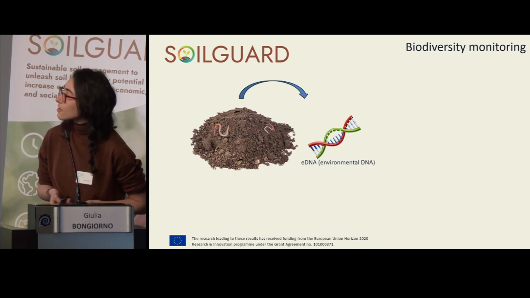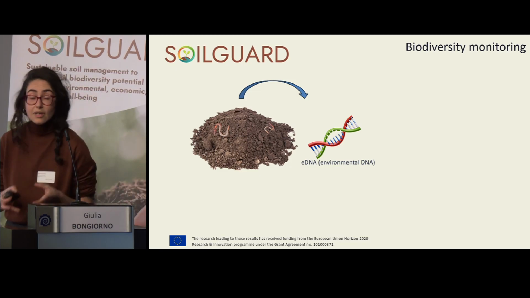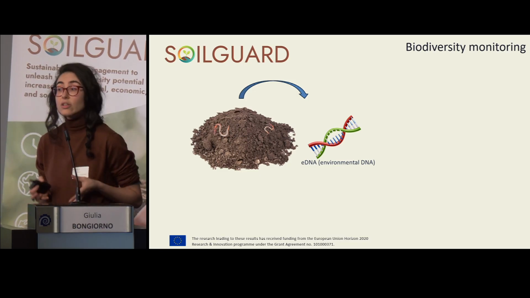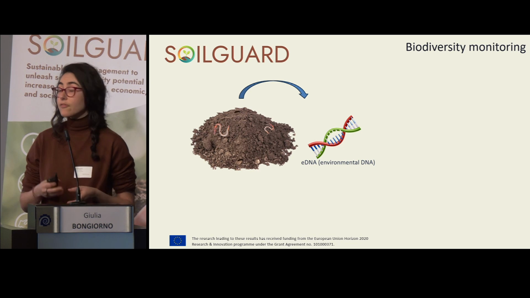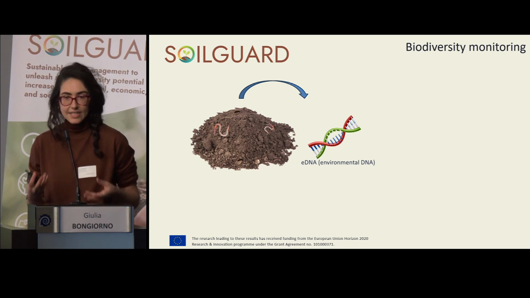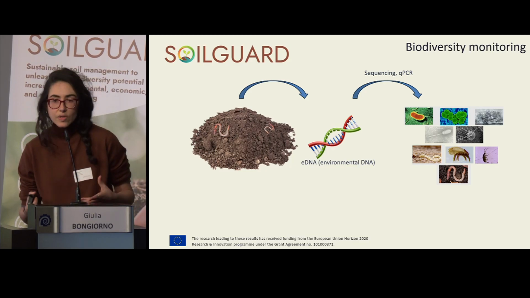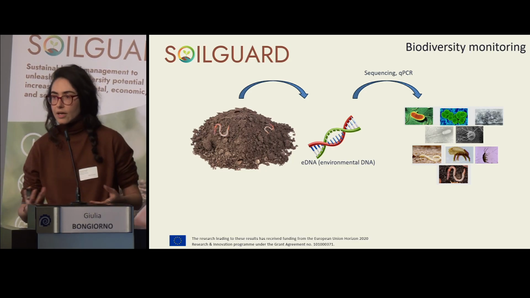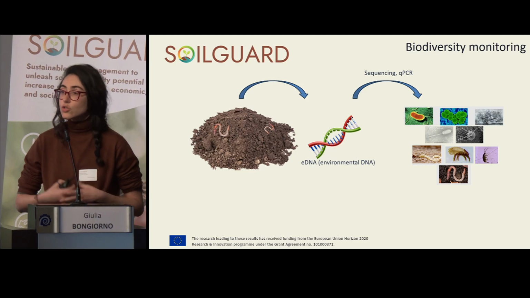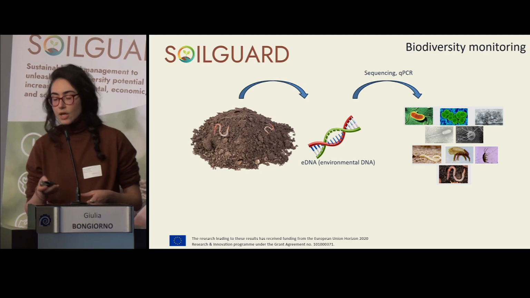And from soil, directly from the soil, so not extracting organisms beforehand, we can get environmental DNA, which can then be characterized through, for example, sequencing, giving a more qualitative idea of the communities, or qPCR, for more quantitative information.